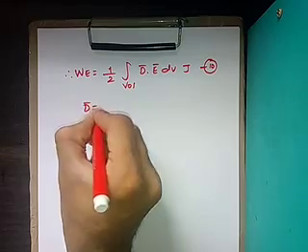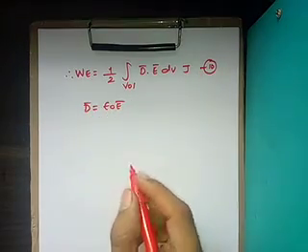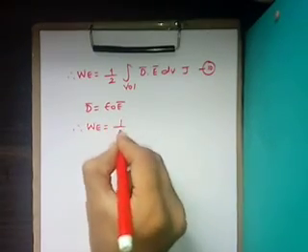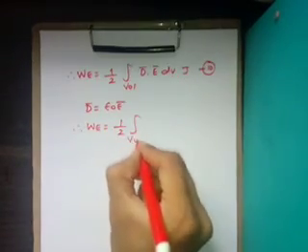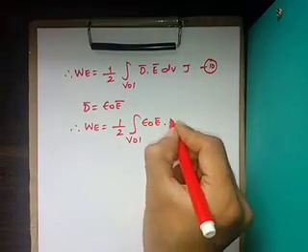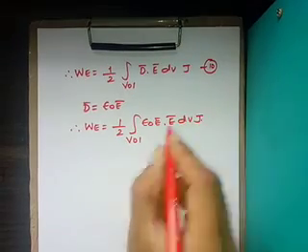D bar is further equal to epsilon naught E bar, therefore we is equal to half of volume integral epsilon naught E bar dot E bar dv joules.